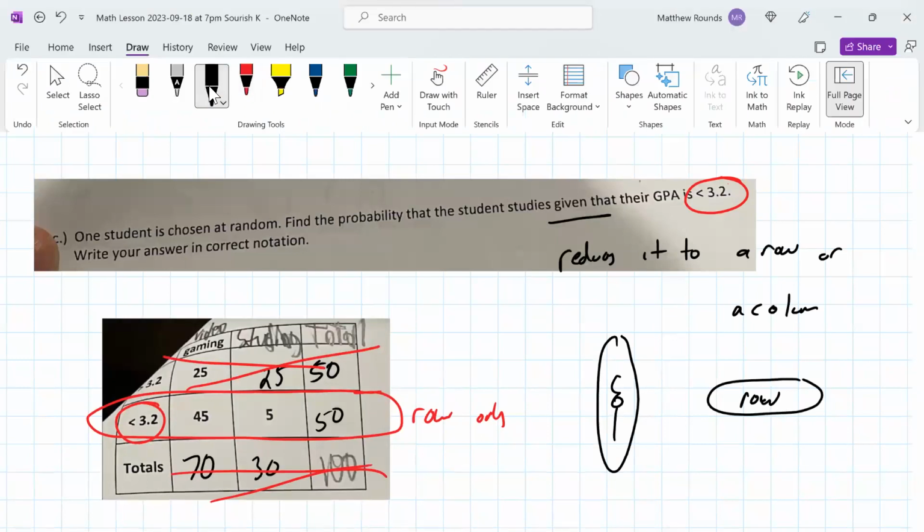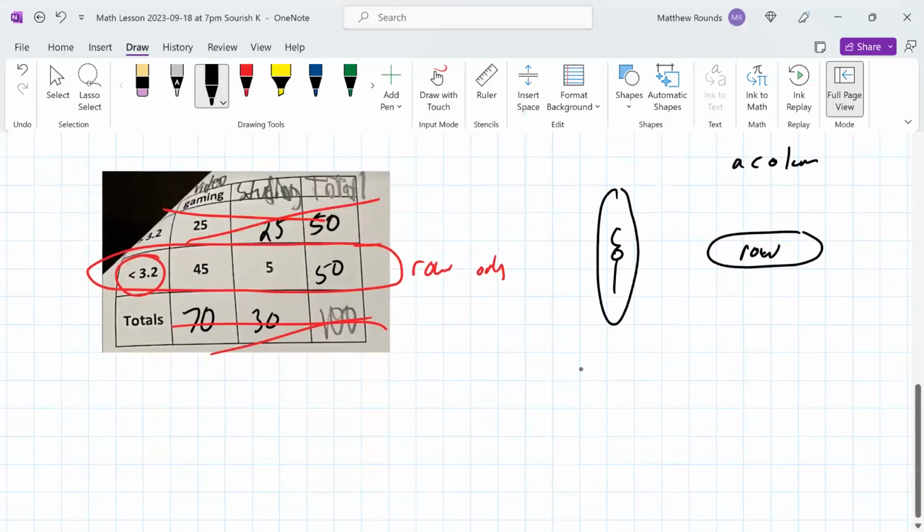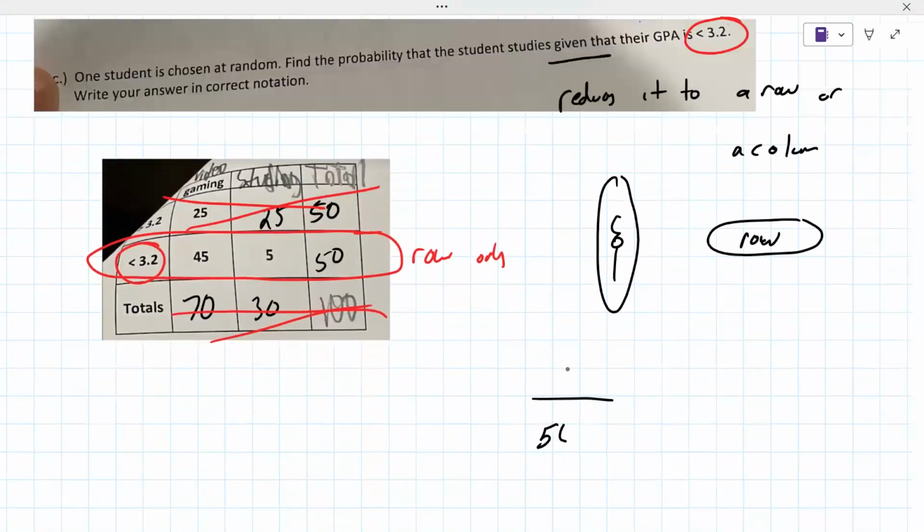So in this problem, you're over 50 because that's the row total. Now, studies. How many of these studied?